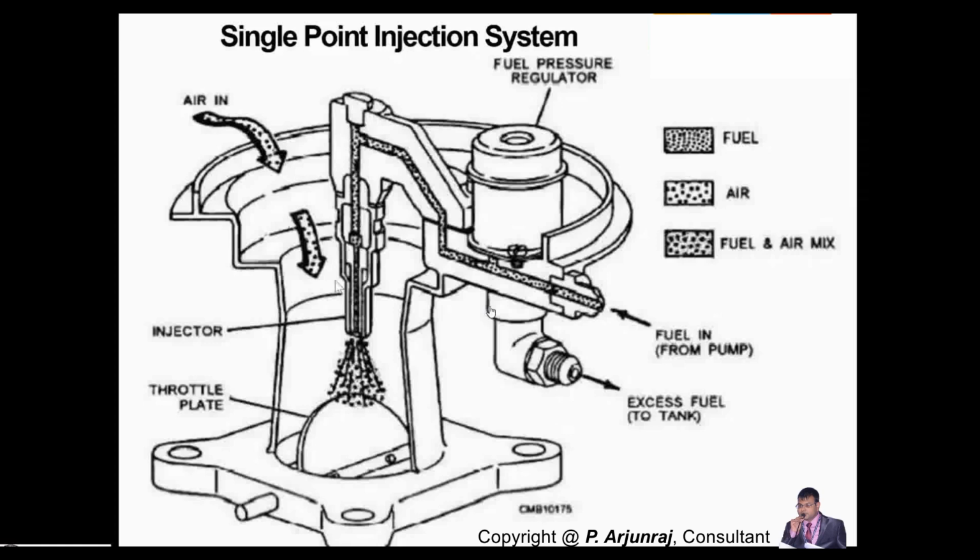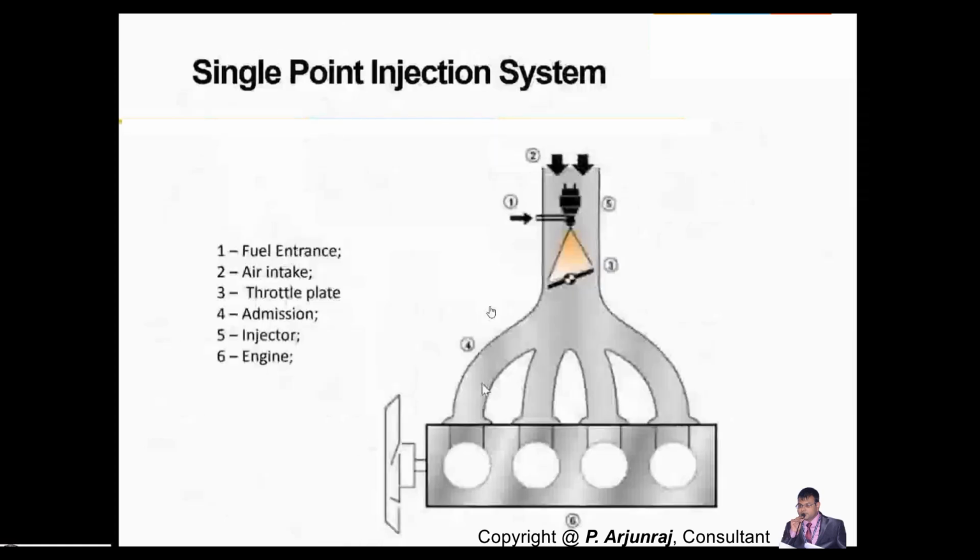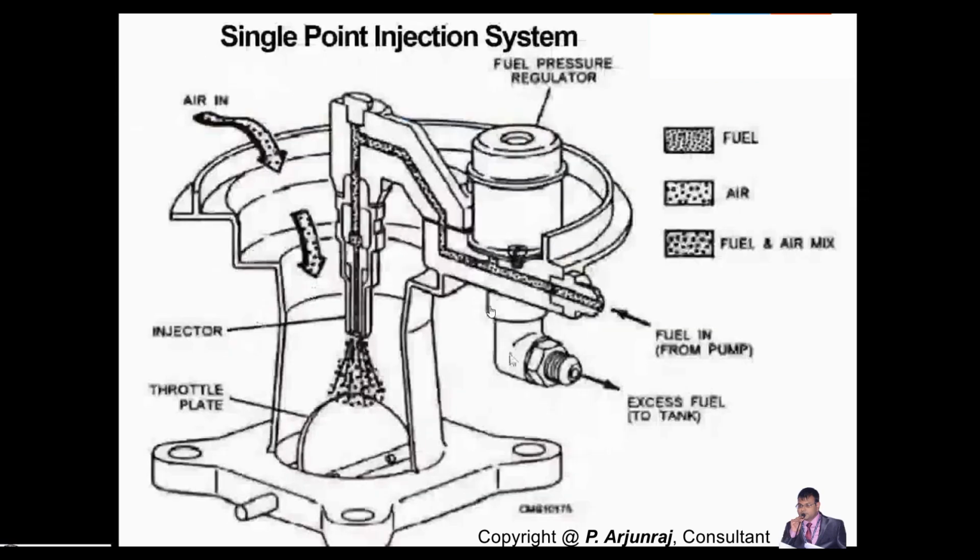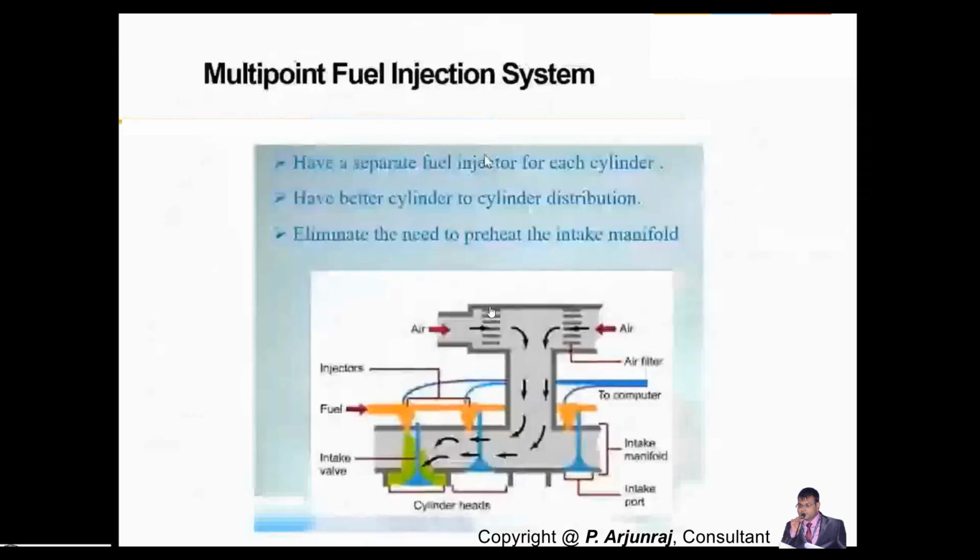And this is the mixer where the air and fuel get mixed here, and you have the throttle plate where it will allow the required quantity into the combustion chamber. If it is a single cylinder, you have one injector, but in the case of single point, you basically have only one single injector.